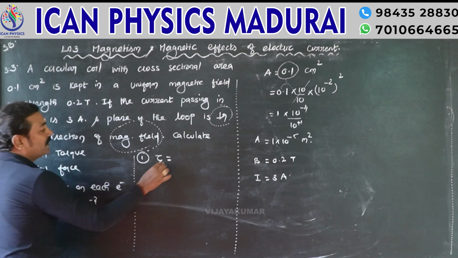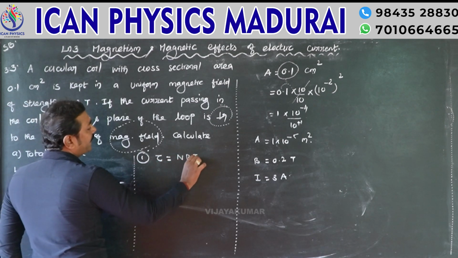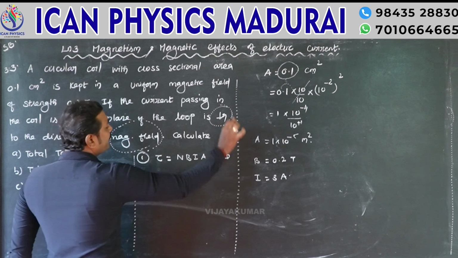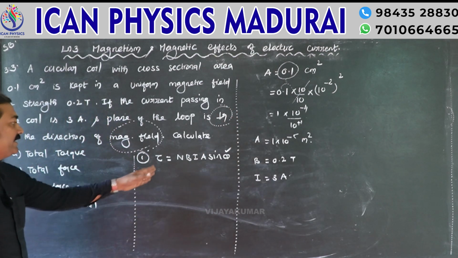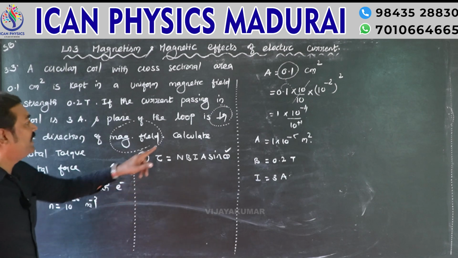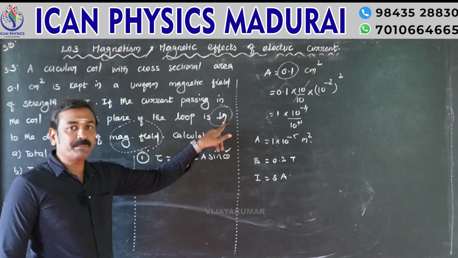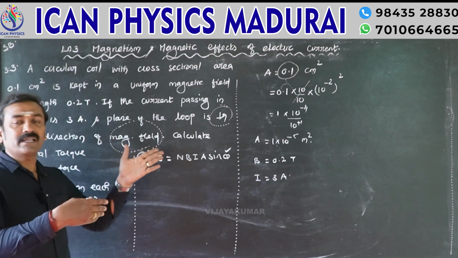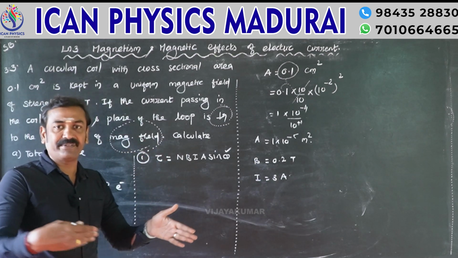So, what is the formula? N B I A sin theta. By knowing the value of theta, we can calculate the torque. But what is given? It's given perpendicular to the magnetic field. So the coil is perpendicular to the magnetic field.